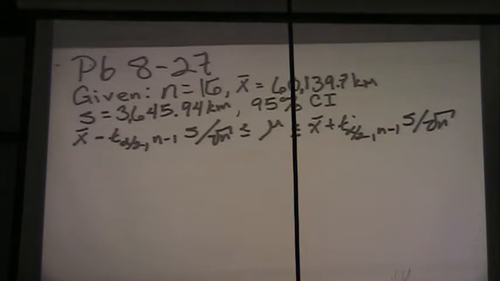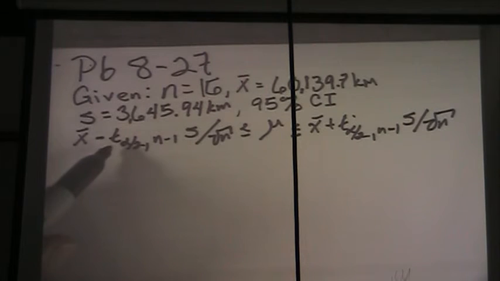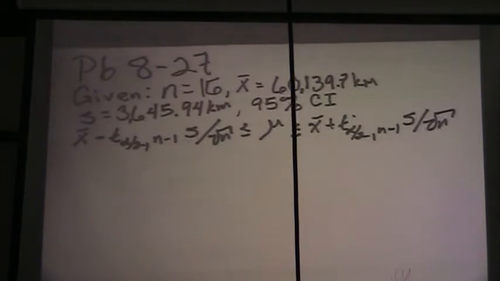All right, so what is our T alpha divided by 2 with n minus 1 degrees of freedom?